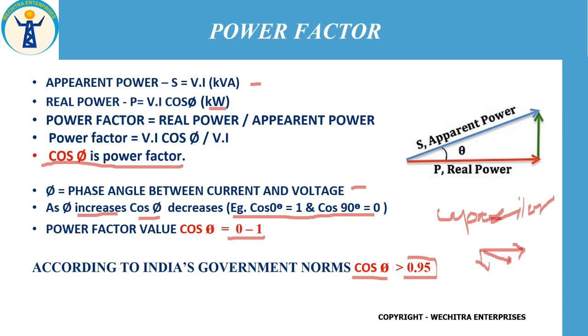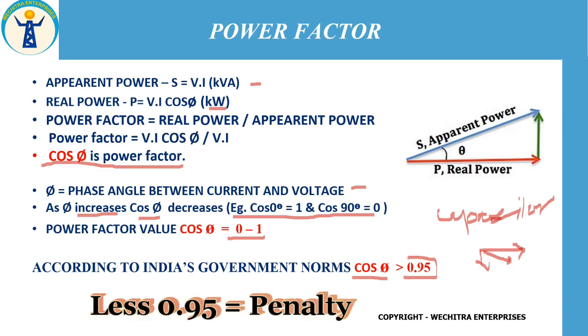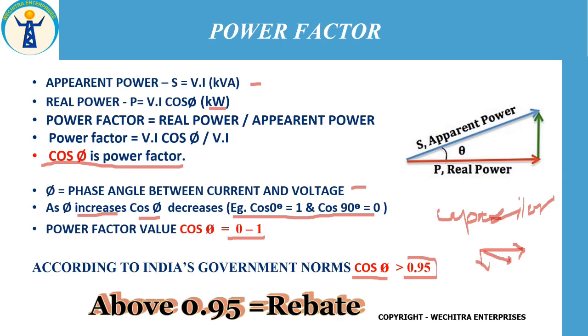According to the government's norm in India, your power factor should be greater than 0.95. Less than that, you will be penalized. And for maintaining above 0.95, you will be given a rebate on your electricity bill.